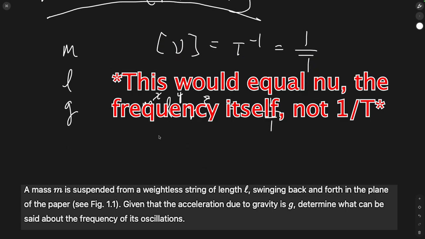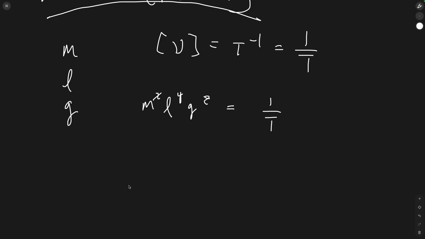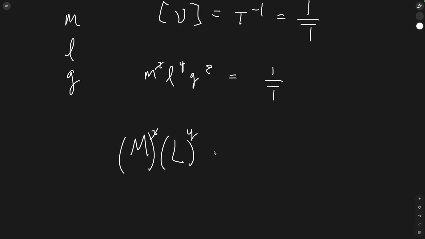So the units of this, right? The units of this are going to be m to the x, right? L to the y. And then g is acceleration. That's going to be L over t squared to the z. This needs to equal t to the minus 1.